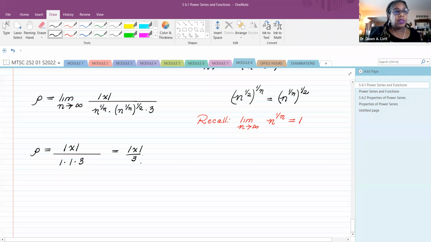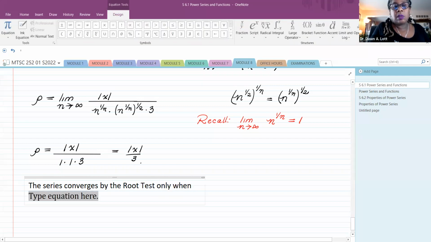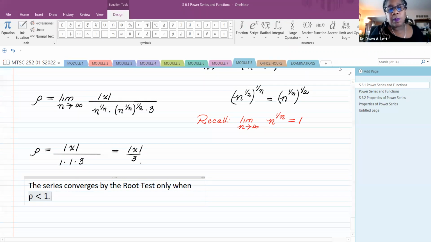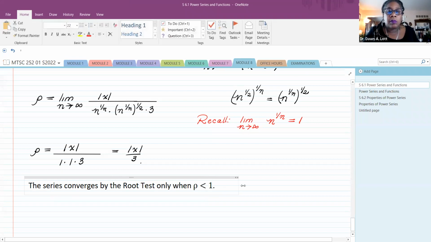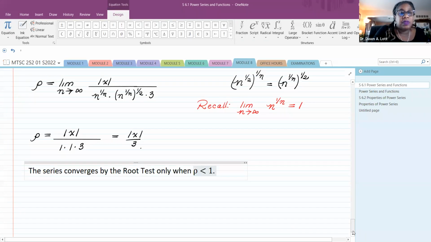Now we know the series converges by the root test only when rho is less than 1. The best the root test can give us is it's convergent when rho is less than 1.